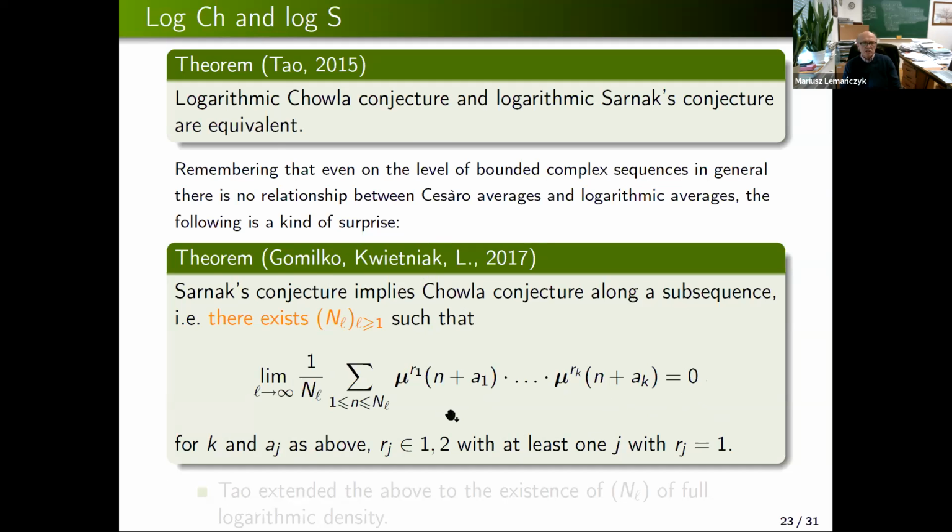If you want to phrase this differently, it means that among Furstenberg systems of the Mobius function, we have what we expected. But this is under the assumption that either the logarithmic Chowla conjecture or the logarithmic Sarnak conjecture is proved. We just know that they are equivalent, and these are still open problems.